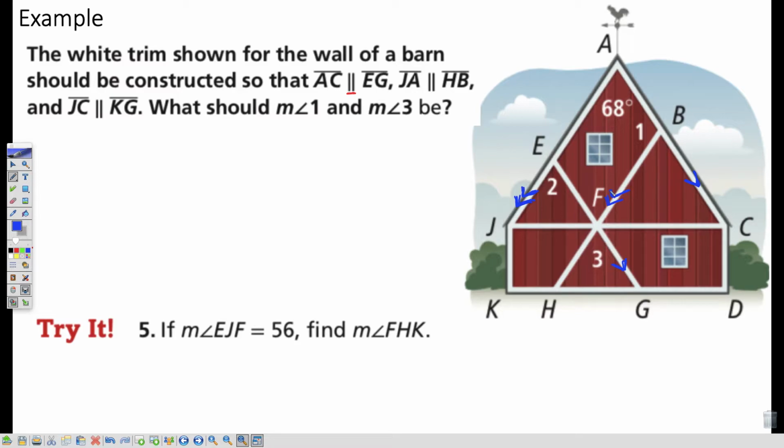And then I've got all of my names that I can use as well. Let's see. Oh, and it also says JC is parallel to KG. So it's right here. We need 3 on that one, right?